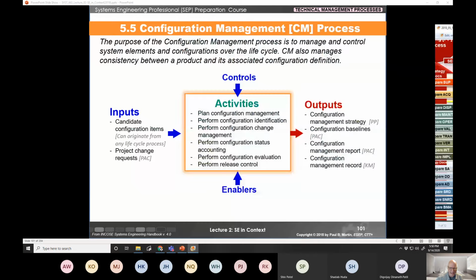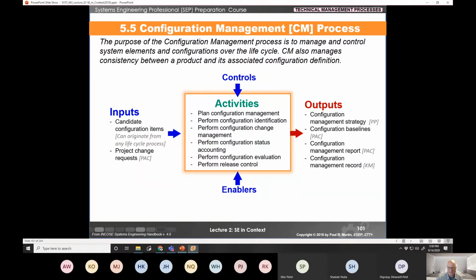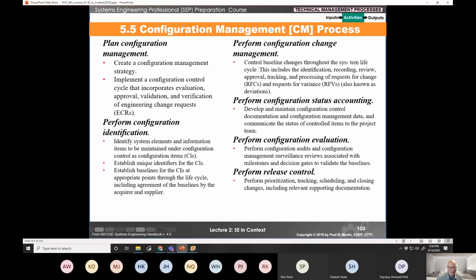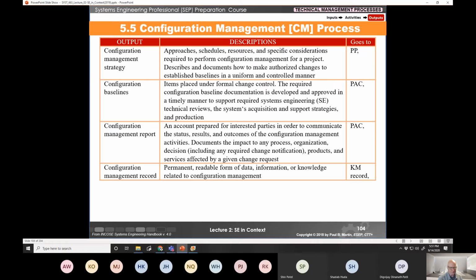So configuration management is the process of controlling where they are within the life cycle phases. So you plan, you perform the various management aspects, and also looking at status accounting and evaluating your configuration against what you said you would do.